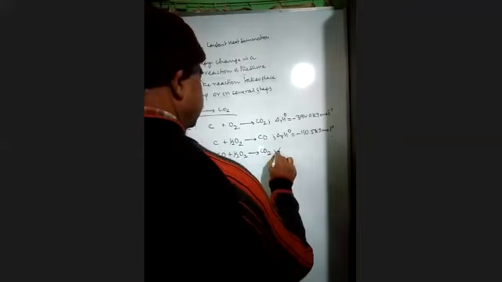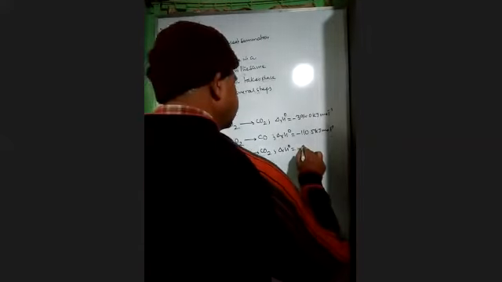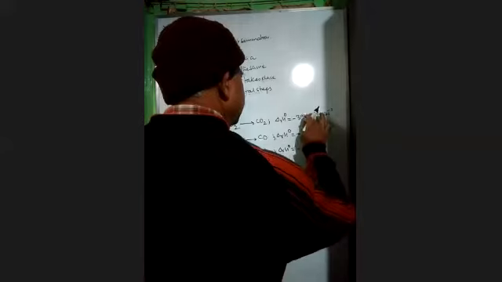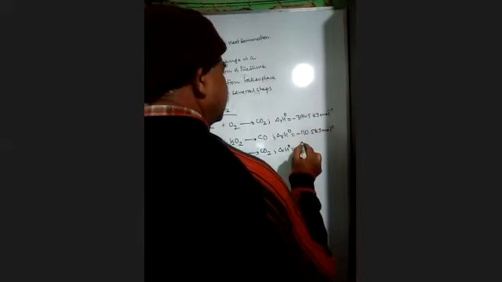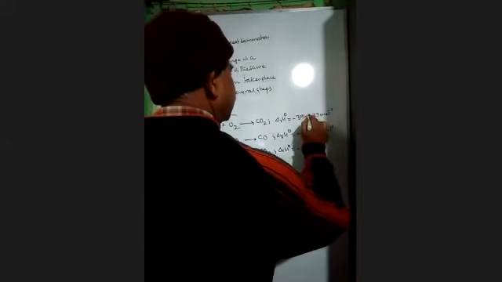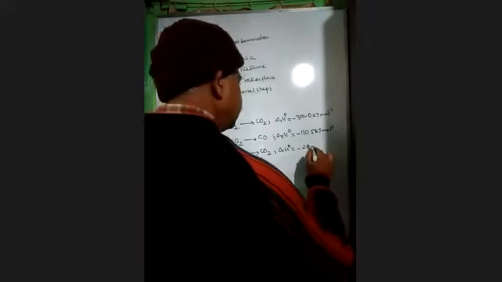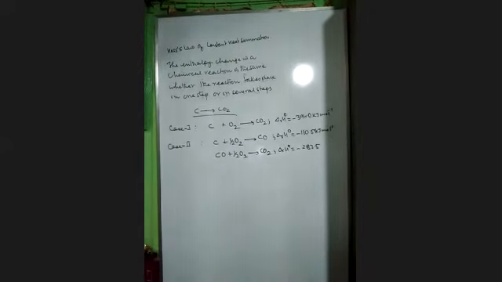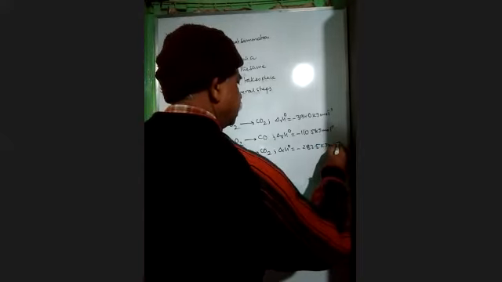So I'll write now here, delta H0 is minus 283.5 kilojoule mole inverse.